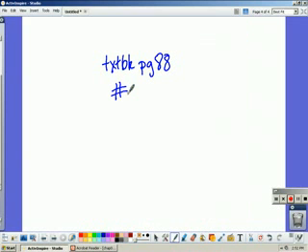On page 88, I would like for you to actually go through numbers 11 to 16. I want you to look through numbers 11 to 16, and in fact, we're going to go ahead and pair share right now.